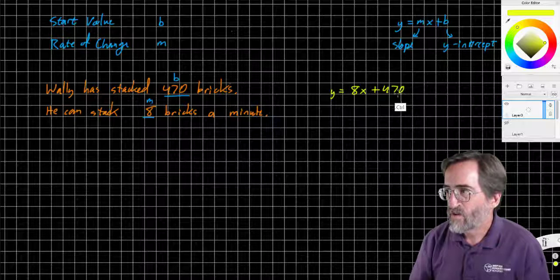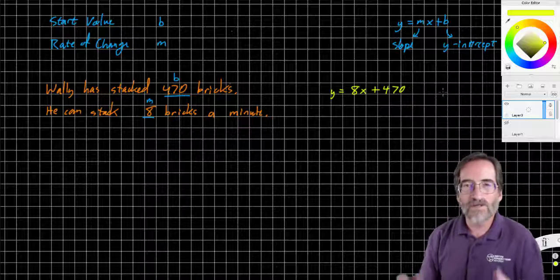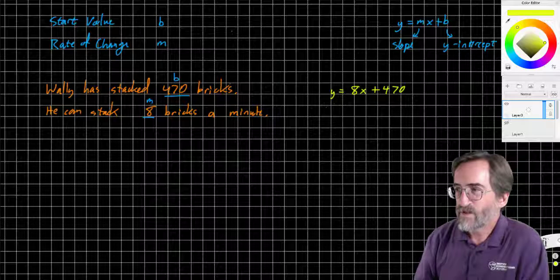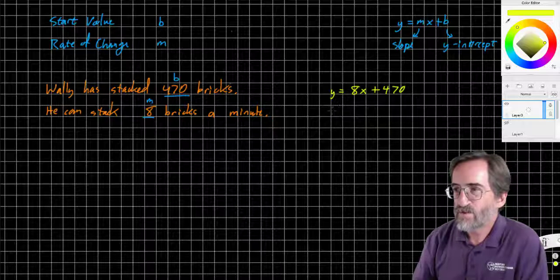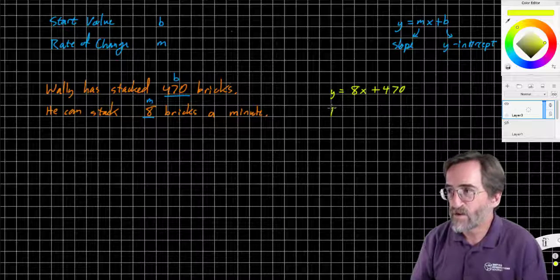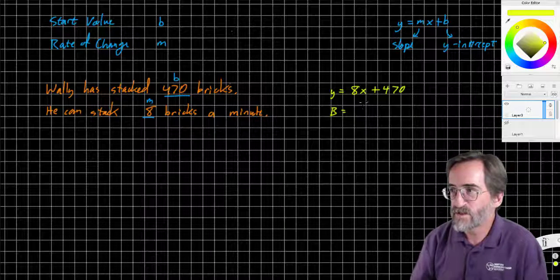Now, usually we don't use x and y when we have a word problem. We're going to use letters that make sense. And we'll often use function notation as well. But we're not going to do that right now. So what is the output of this function? It's bricks, right? So I'm going to call it capital B for bricks.